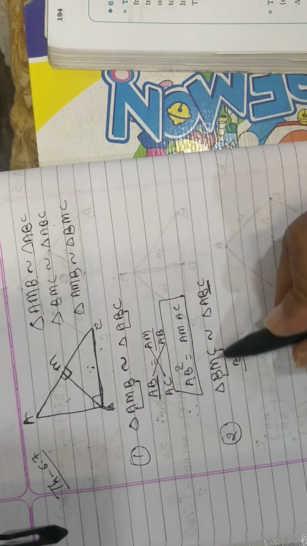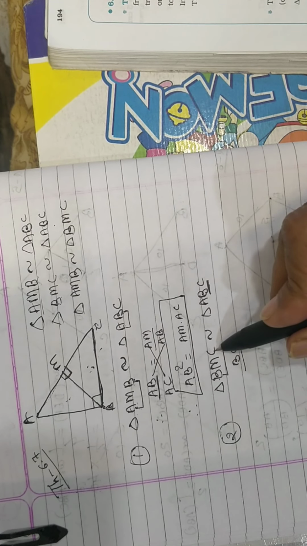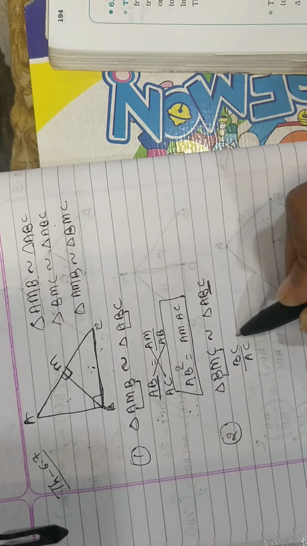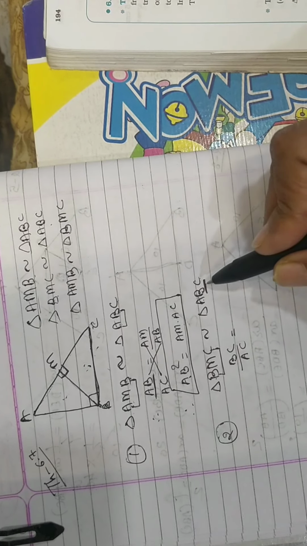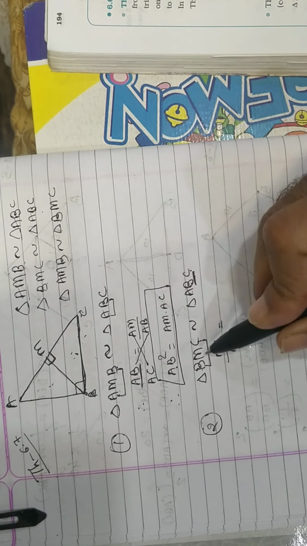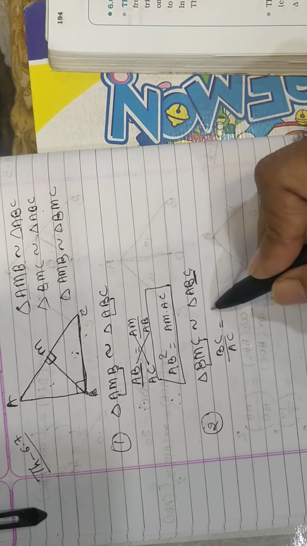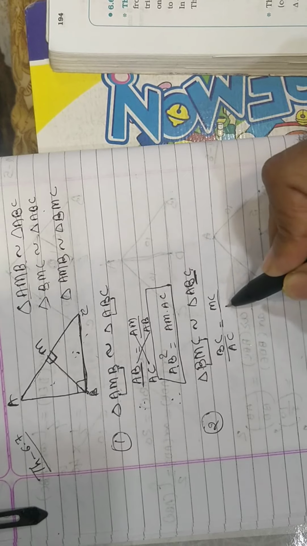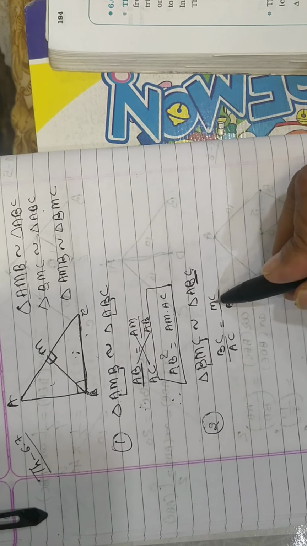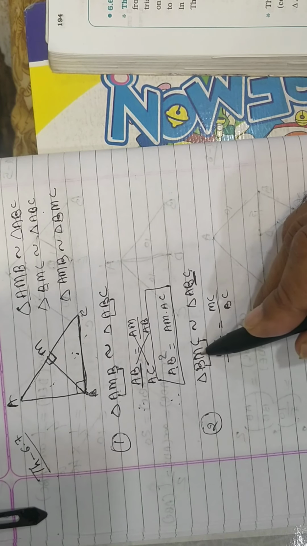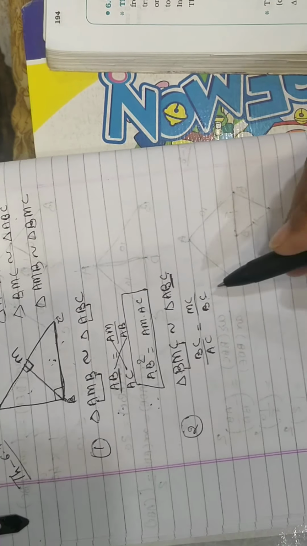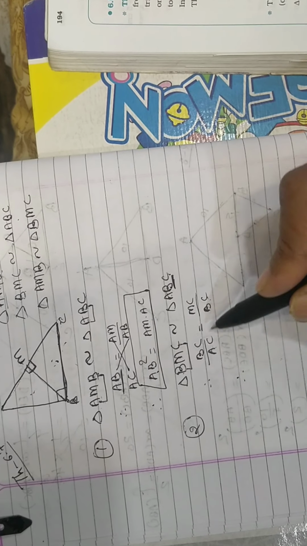So BC is in first and third position, so here first and third position is AC. So BC upon AC is equal to, here BC is in the last two positions, so here last two positions is MC. So MC upon BC. Again, the numerator sides are from the first triangle and the denominator sides are from the second triangle.